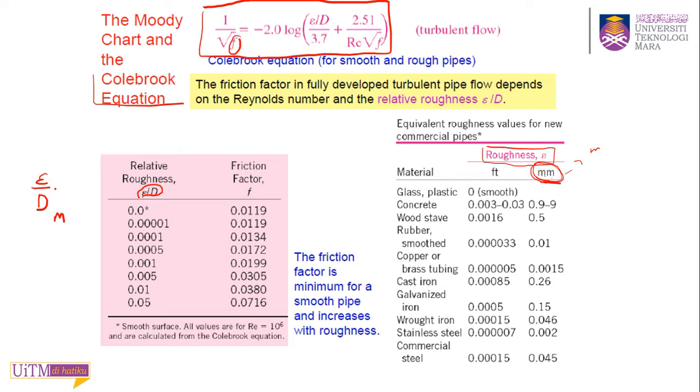But if they give you the diameter in millimeter, you can just use the roughness in millimeter, because it has no unit. It is dimensionless.